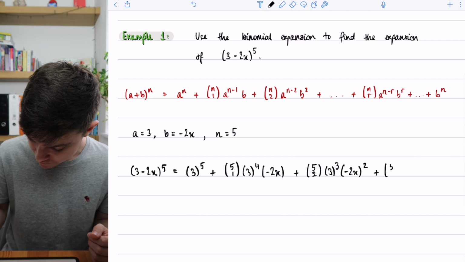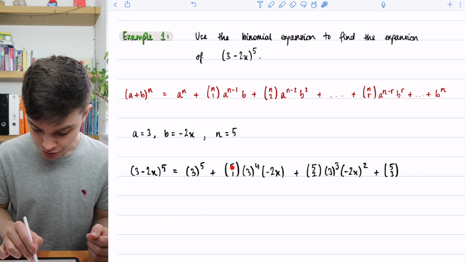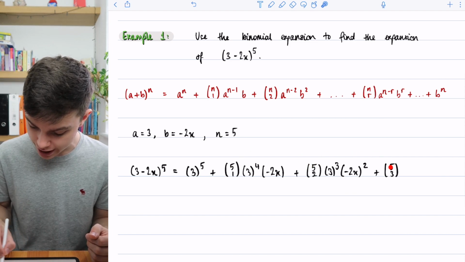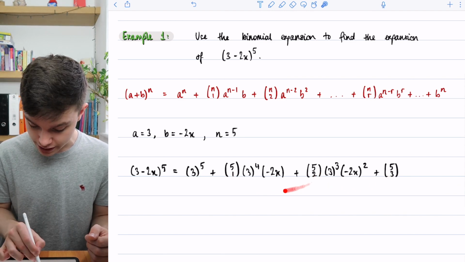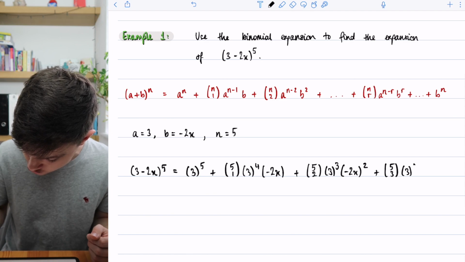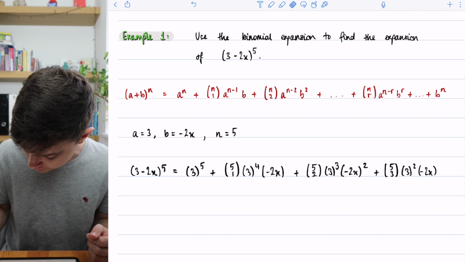Then I'm going to have 5 choose 3. Hopefully you can see how the combinations are working. Like I said, we always have n on the top, which is the power on the bracket. In this case it's 5, and we just increase what we're choosing each time. So 5 choose 3, 3 to the 2, minus 2x to the 3. Let's make that a little bit neater.